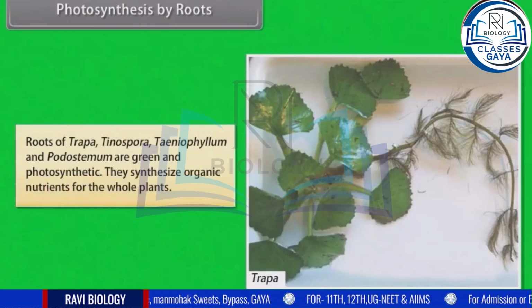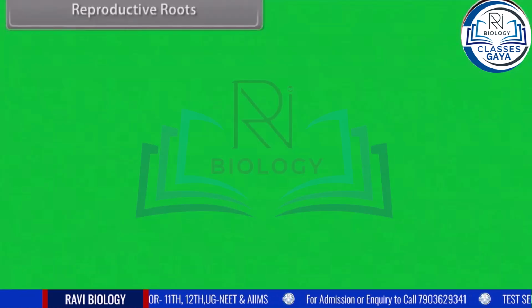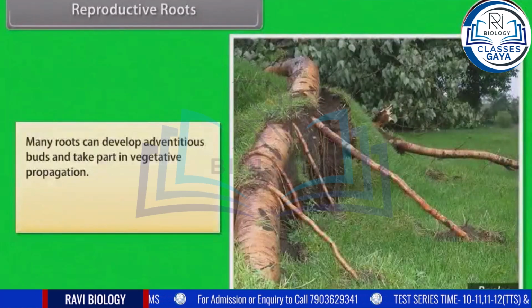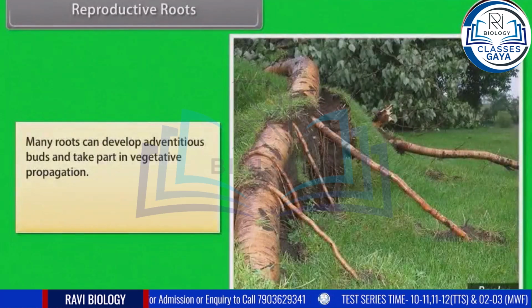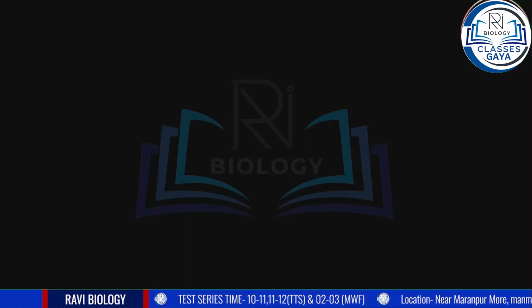They synthesize organic nutrients for the whole plant. Reproductive roots: many roots can develop adventitious buds and take part in vegetative propagation. Example: poplar, Dalbergia, dahlia, sweet potato.